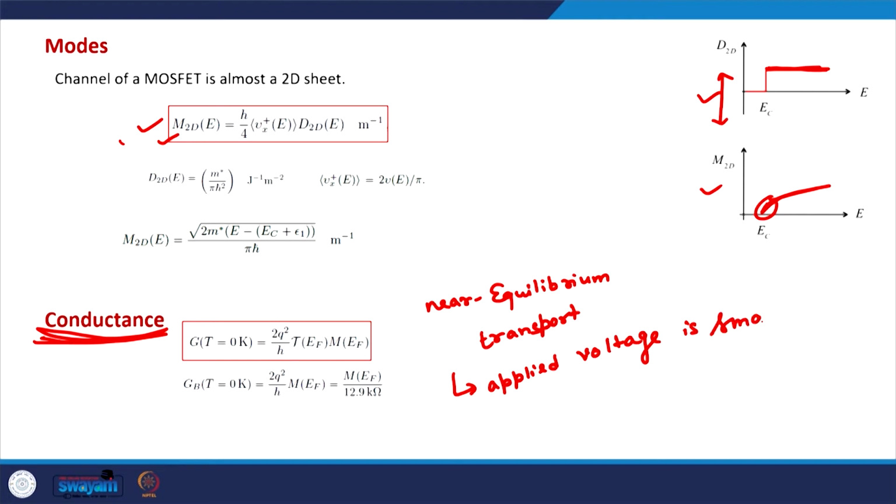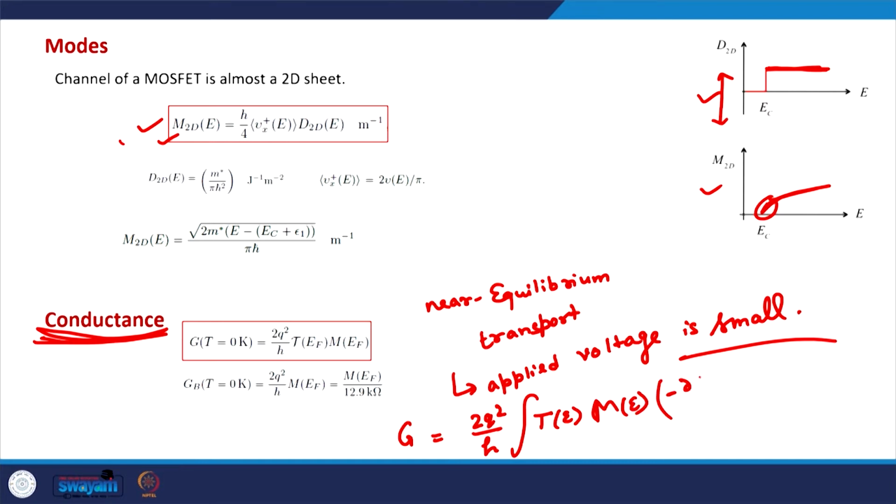At small applied voltages, the conductance is given by 2q squared by h, from the current expression, integral of Te Me times minus del F by del E over energy.